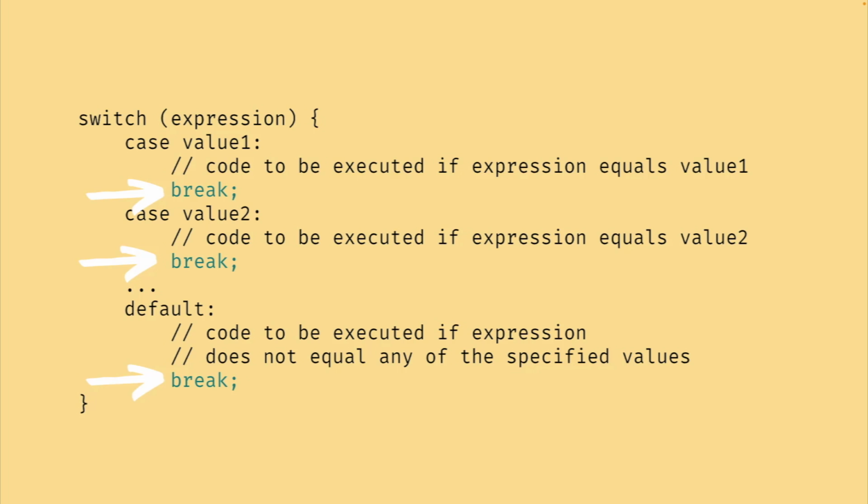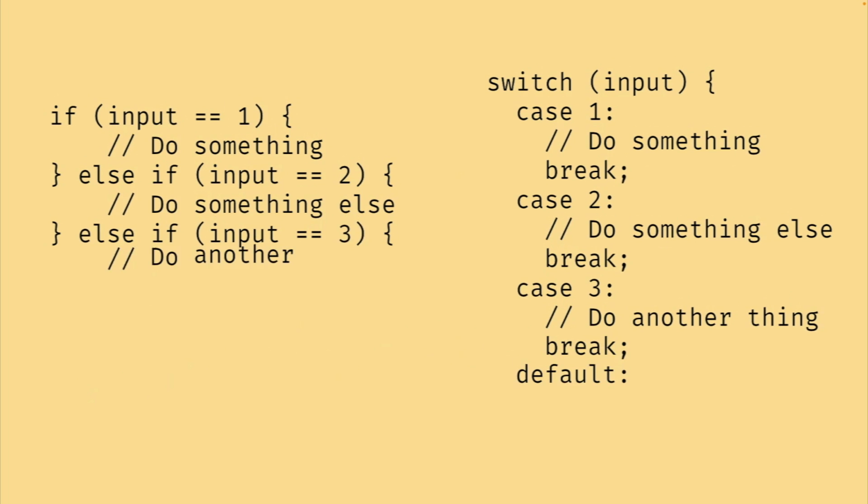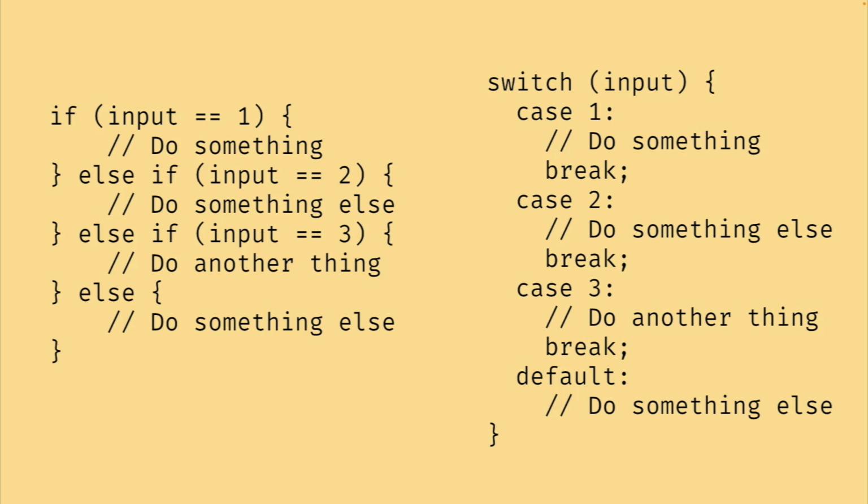This actually allows us to specify one action for multiple cases by pretty much stacking them on top of each other with no break statement. Here you can see the difference between our first situation where we were checking for 3 different inputs, written using an if statement and written with a switch statement.